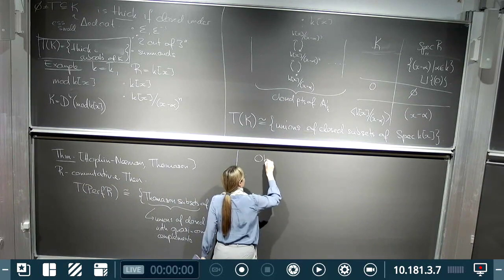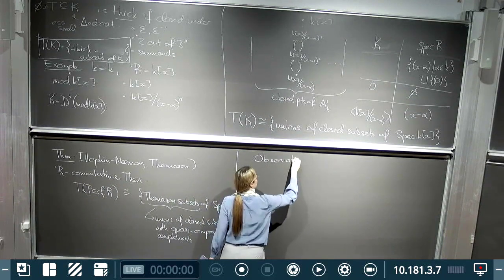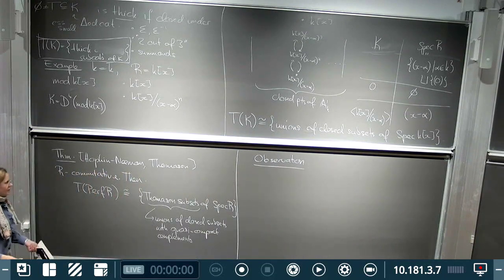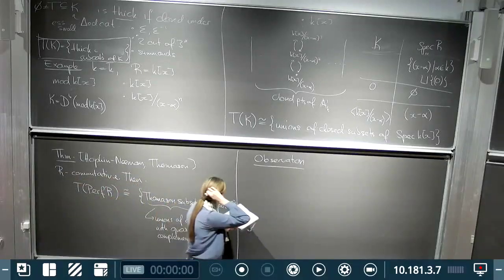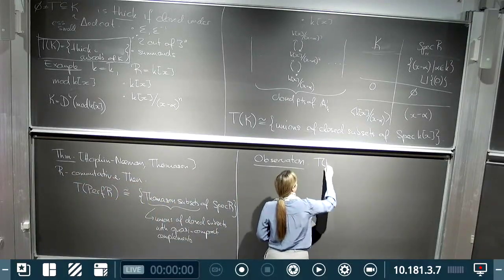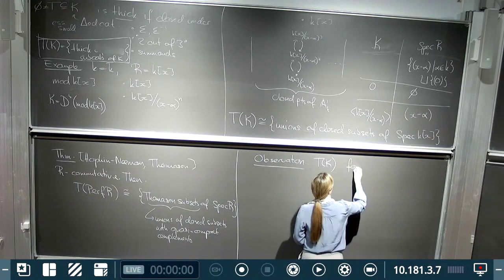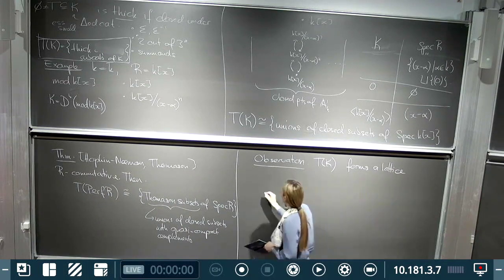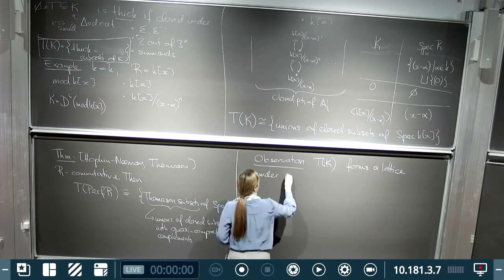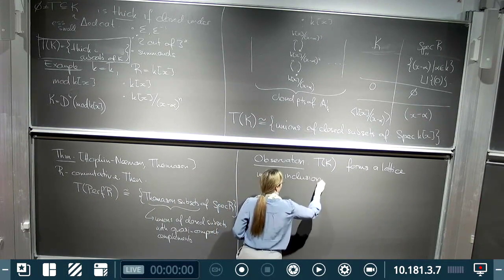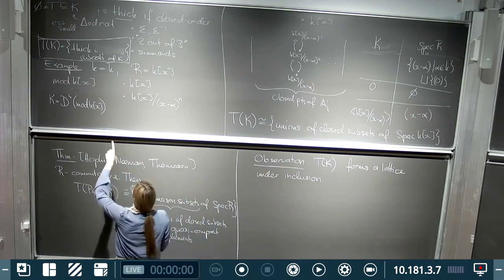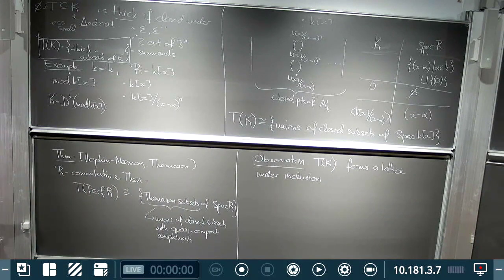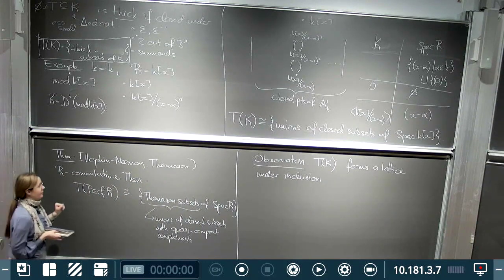And this is the crucial observation of the whole lecture series, which is that T of K forms a lattice under inclusion. And remember, as we have up there on the board, K is an essentially small triangulated category, and T of K is the set of thick subcategories of it.